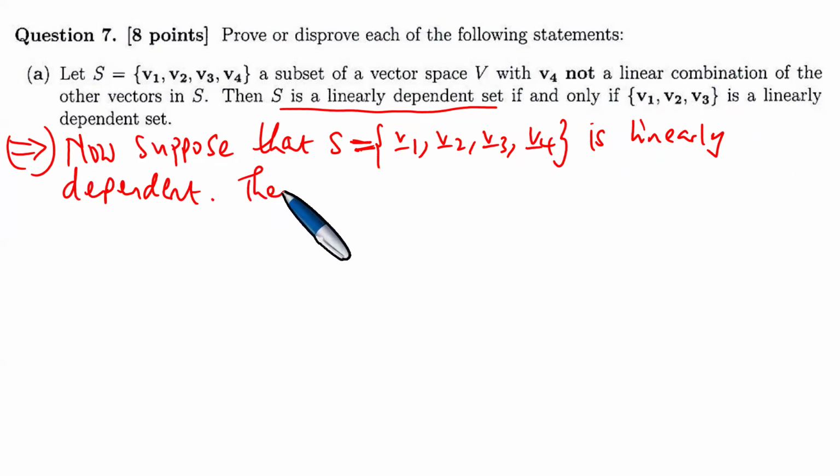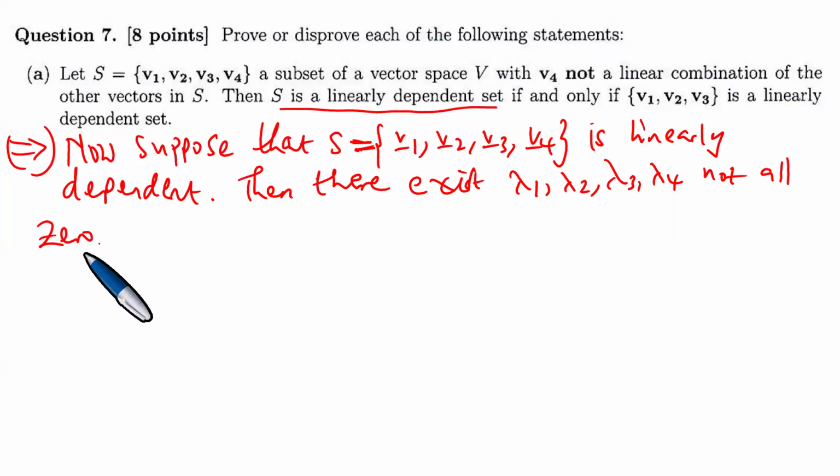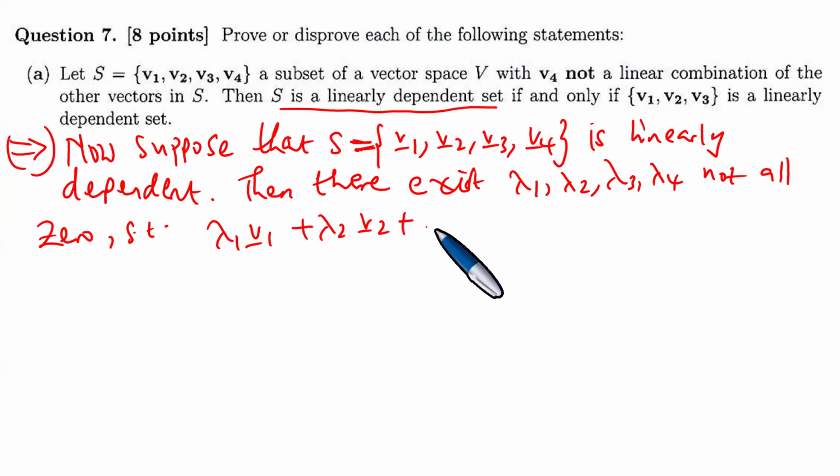Because it's linearly dependent, then there exist lambda 1, lambda 2, lambda 3, lambda 4, not all 0, such that you can write lambda 1 V1 plus lambda 2 V2 plus lambda 3 V3 plus lambda 4 V4 is 0.